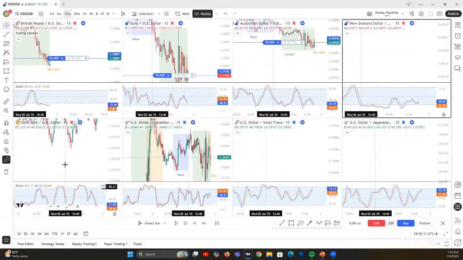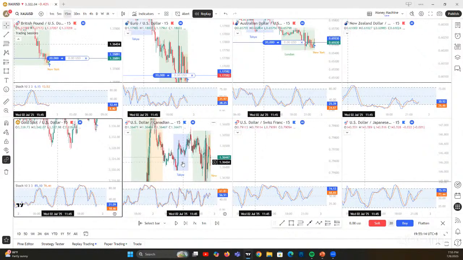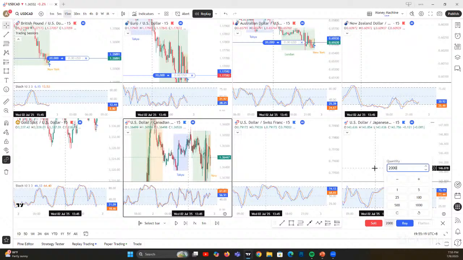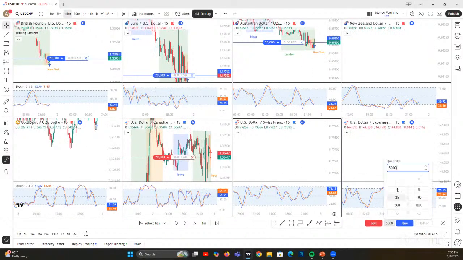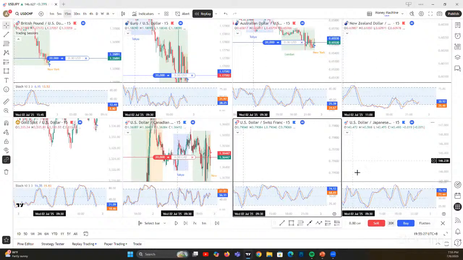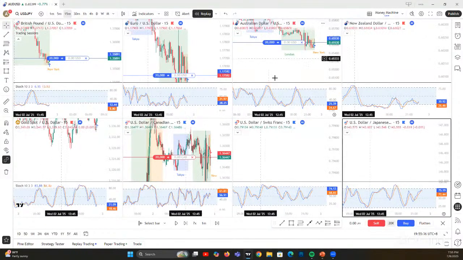Buying here, 20,000 for gold. 20,000, sell. 20,000, sell. 20,000. I hope everything will go fine now.